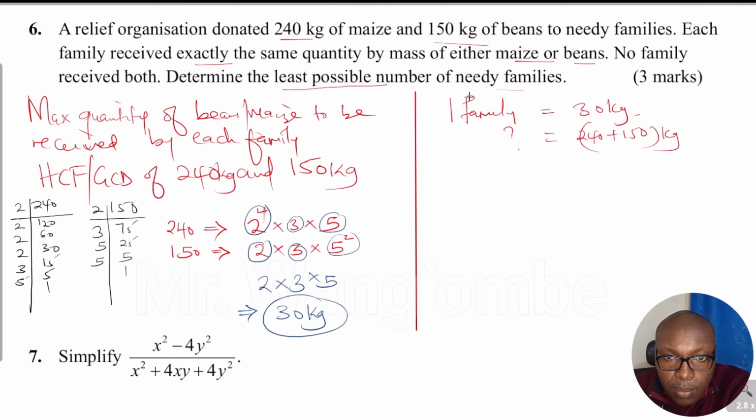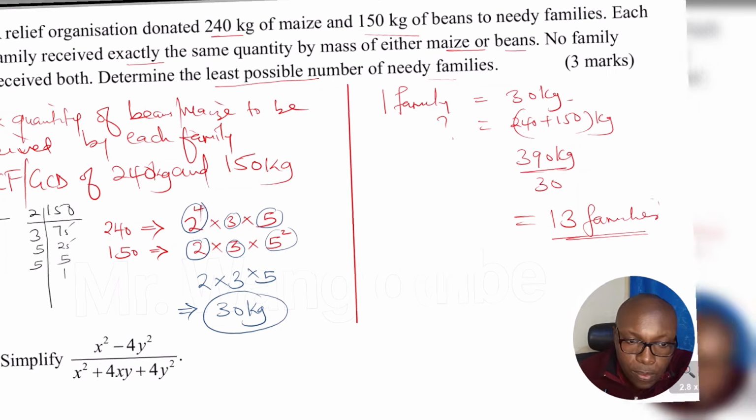So the least number of needy families. So this will be 390 kg. So if one family can receive a maximum of 30 kg, what about 390 kg? That is the one that is to be donated. How many families will receive this? So we simply divide this one by 30, and this will give 13 families. So that is how you're supposed to solve that.